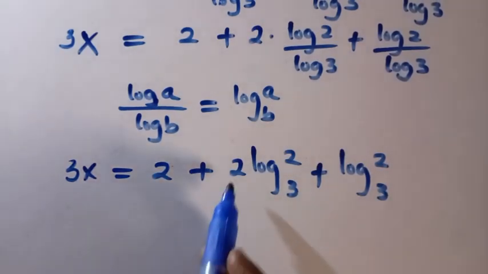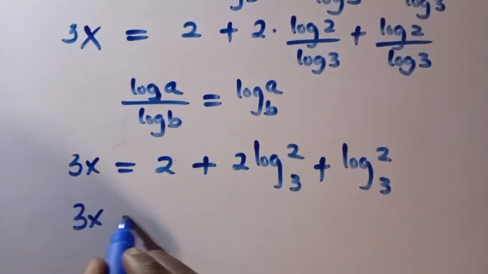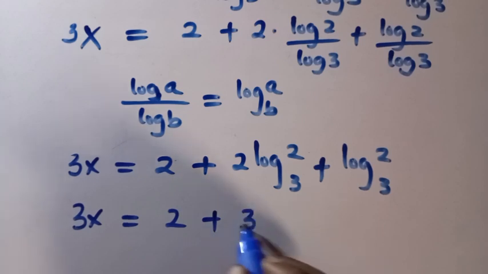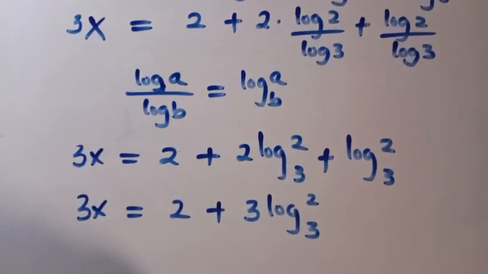And then we have 2 log 2 base 3 plus log 2 base 3, so that gives us 3 log 2 base 3. So we have 3x equals 2 plus 3 log 2 base 3.